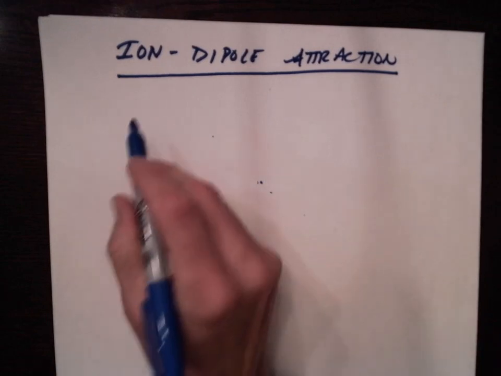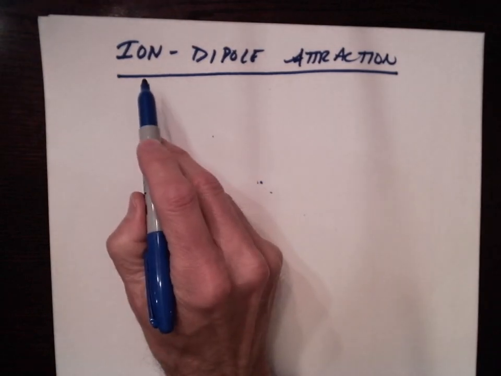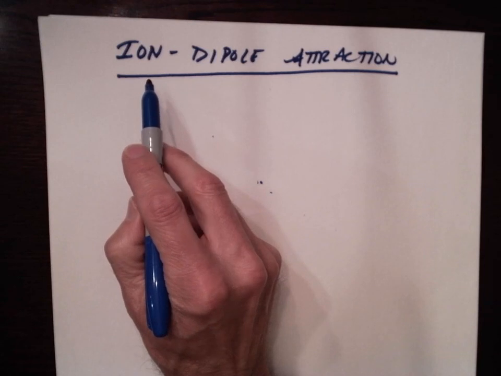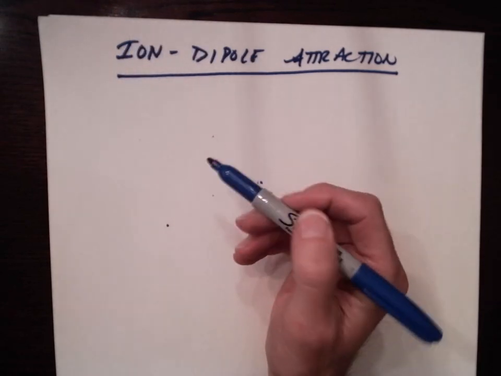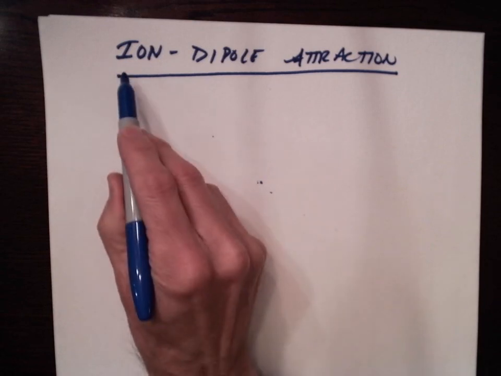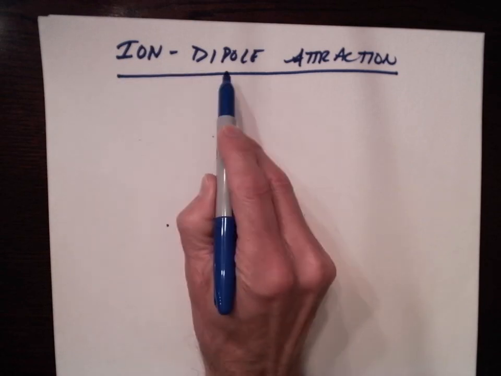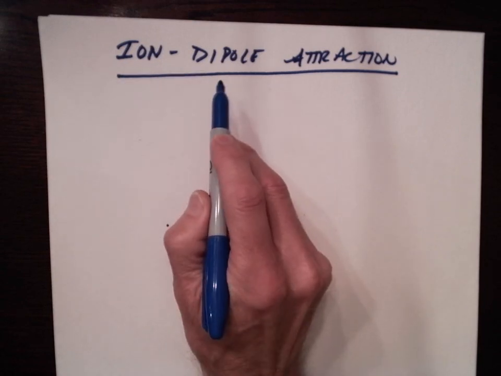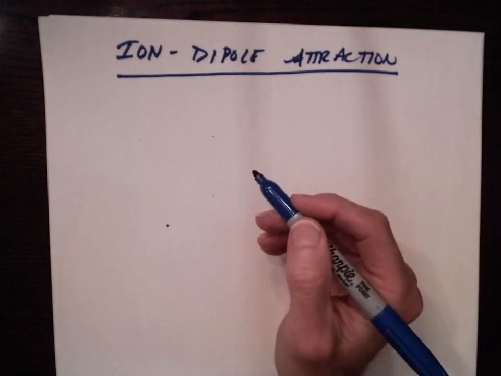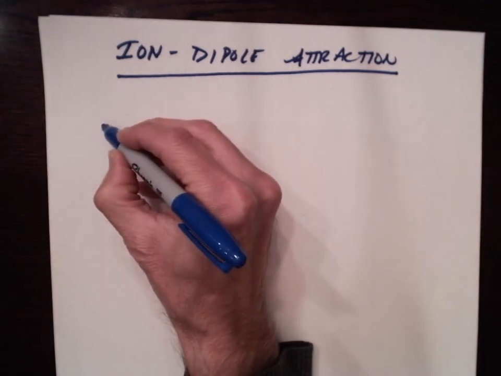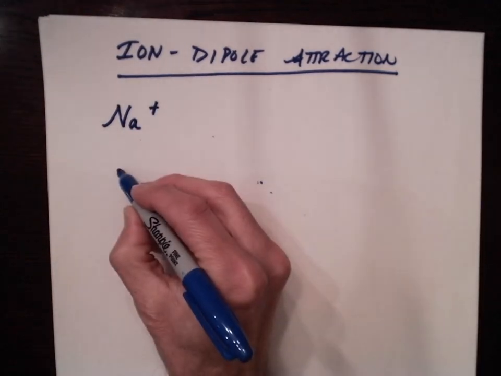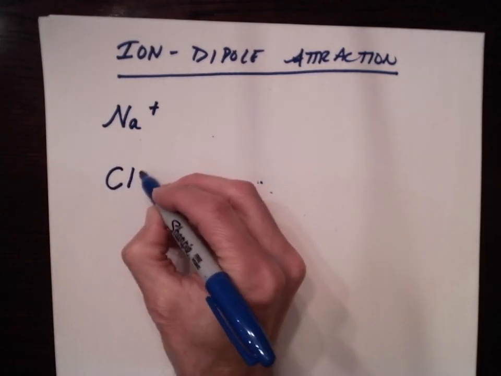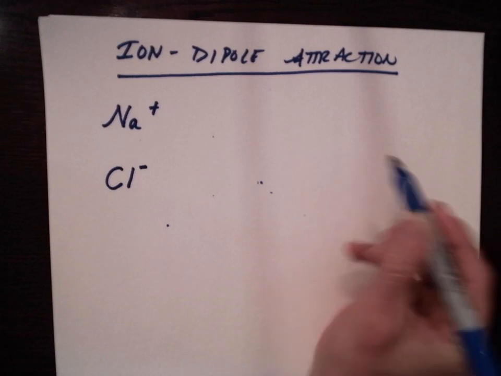What's nice about the name of many of these IMFs is that the name tells you what's going on. So in an ion-dipole attraction, what we have is an ion. Could be a cation, which you'll remember is a positive ion like sodium, or it could be an anion, a negative ion like the chloride ion.